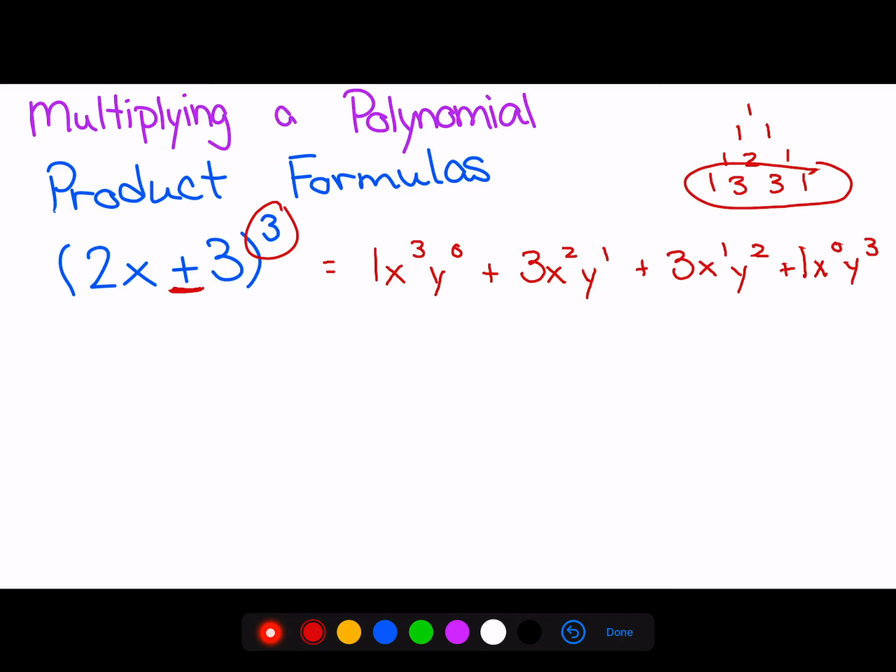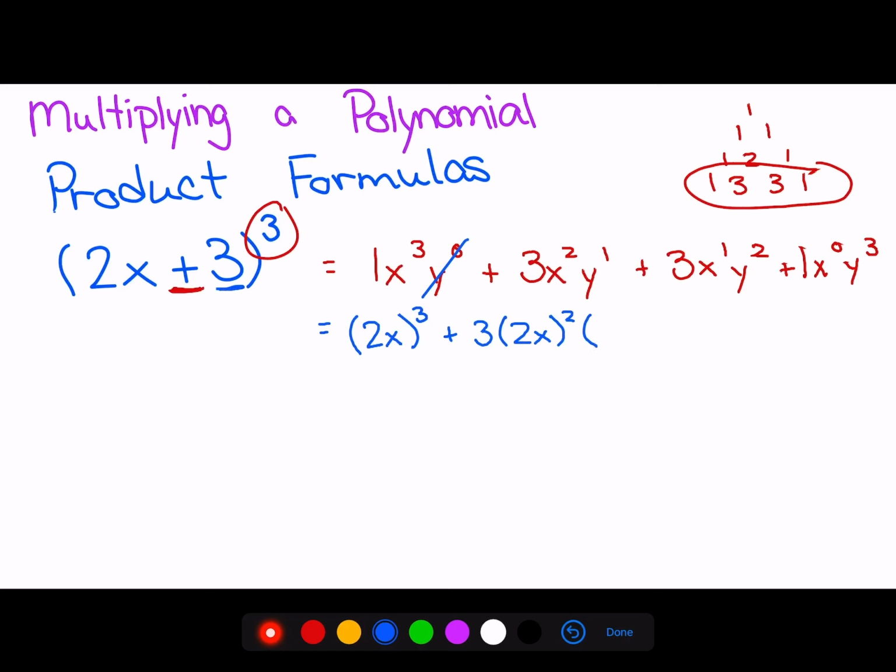All right, now let's go ahead and plug in our numbers. So we now have 2x raised to the third power. Y to the 0 power is just 1, so I can just get rid of that. Plus 3 times 2x squared times y to the first power.